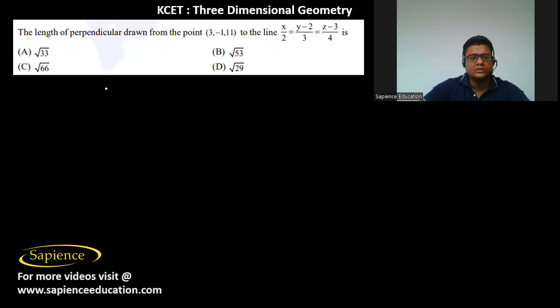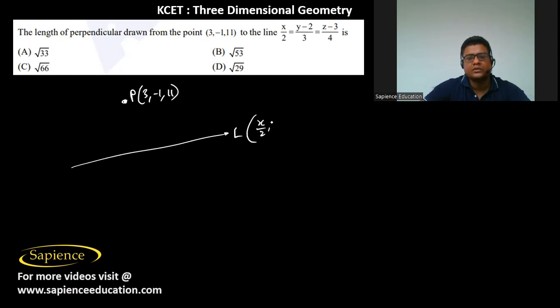Then here it is told the length of the perpendicular drawn from the point P, which is (3, minus 1, 11), to the line. This line, its equation is x by 2 equals y minus 2 by 3 equals z minus 3 by 4.